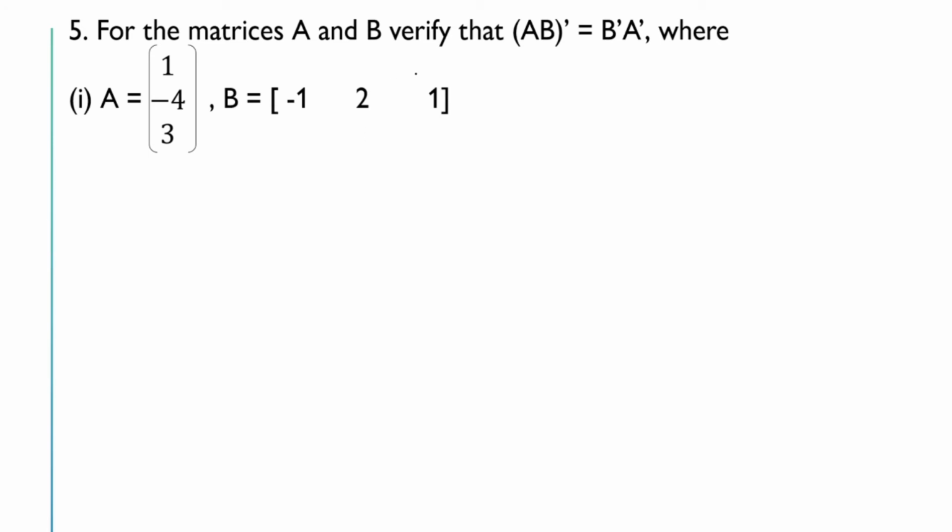So they have given A and B. So let us write A transpose and B transpose and keep. A transpose will be 1 minus 4 3 and B transpose is equal to minus 1 2 1.